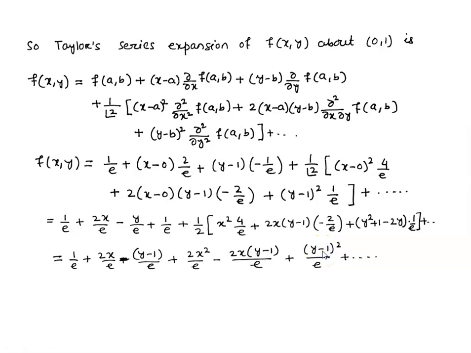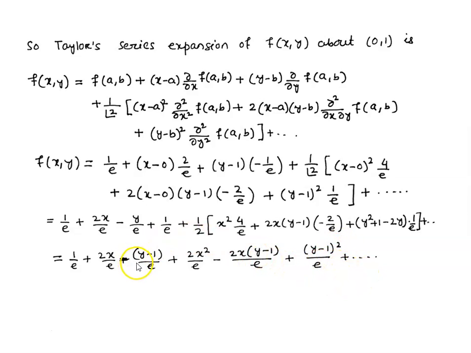Which is equal to 1 by e plus 2x divided by e minus (y−1) divided by e plus, if we expand inside the bracket, 2x² divided by e minus 2x(y−1) divided by e plus (y−1)² divided by e, and so on.